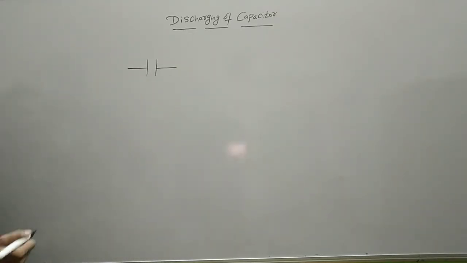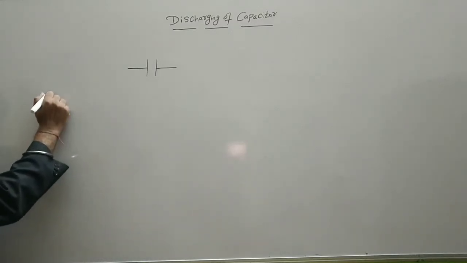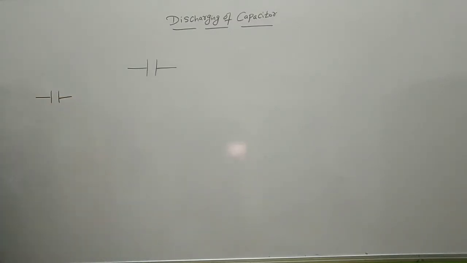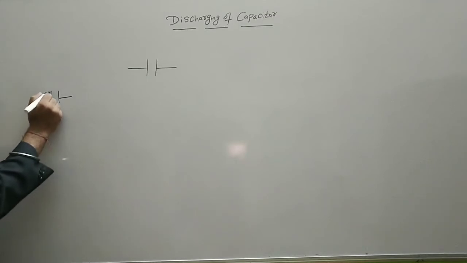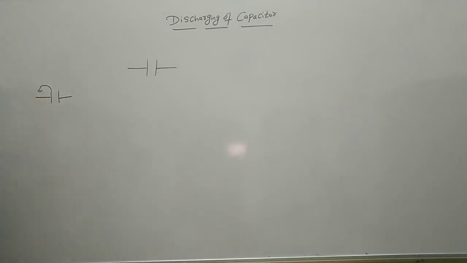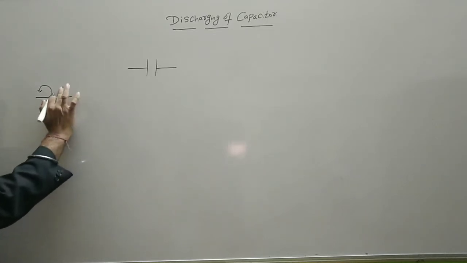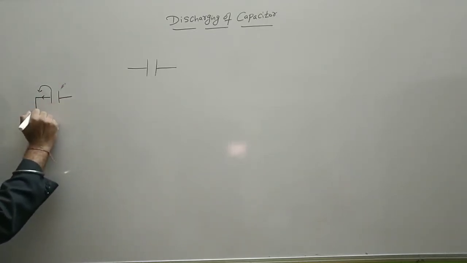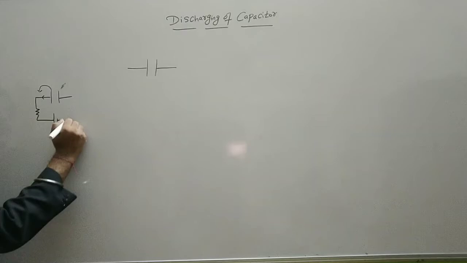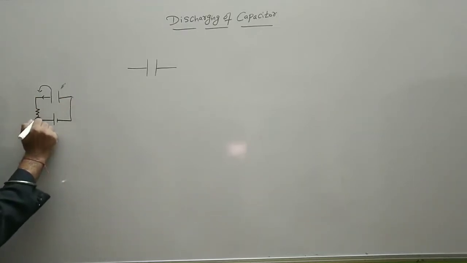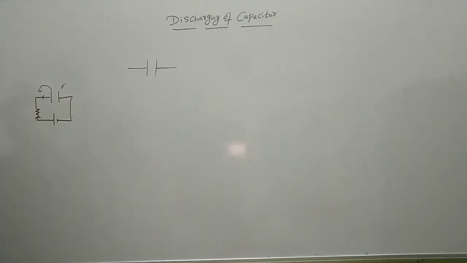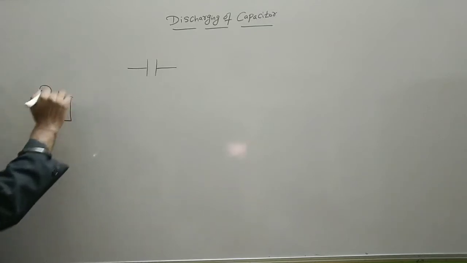If you remember the charging process, we removed an electron from this plate of the capacitor and deposited it on the other. So the electron was moving like this. We connected the battery and the current was flowing opposite to this. You can refer to the last lecture.